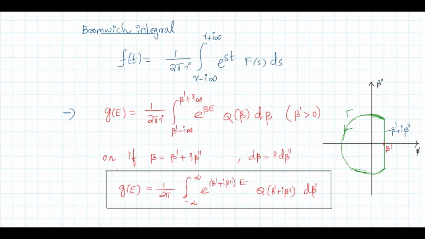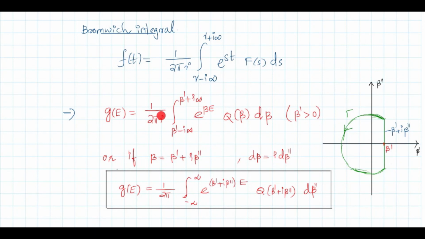This modification is nothing but in terms of the imaginary part, because we are integrating along this line. If you write that integral, then instead of beta prime minus i infinity, it becomes minus infinity to infinity of e raised to beta e, where beta is beta prime plus i beta double prime. q of beta is q of beta prime plus i beta double prime, and d beta is i d beta double prime, since we are fixing beta prime and there is no variation of beta prime along this line.